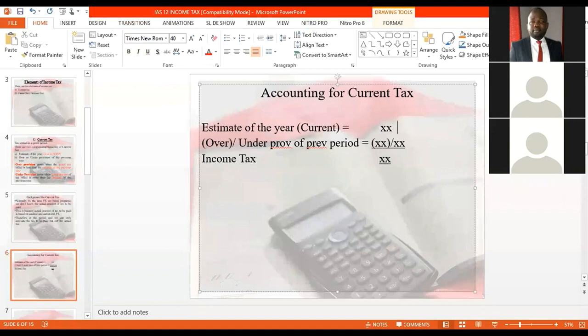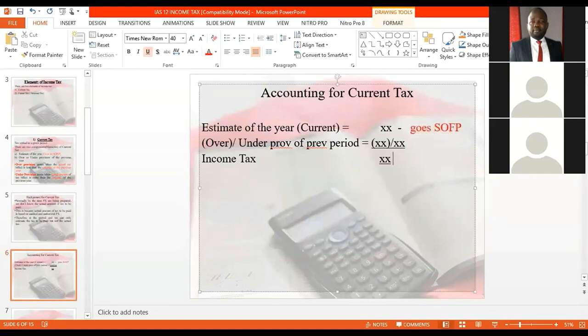Now, what I want to add is this. This estimate of the year, because you'll be preparing income statement and balance sheet, goes to the statement of financial position.